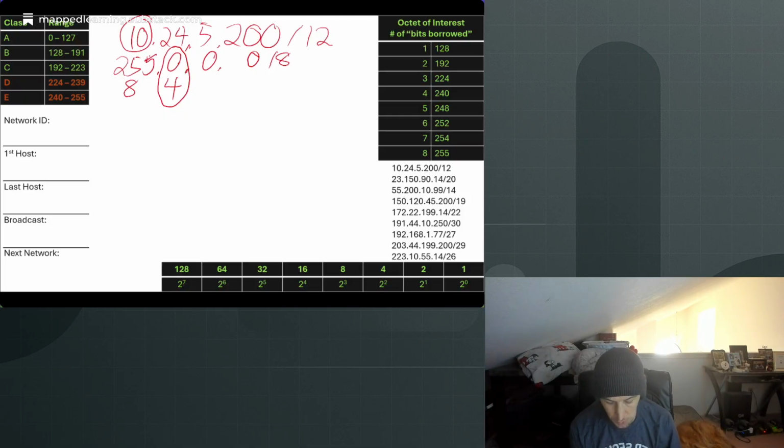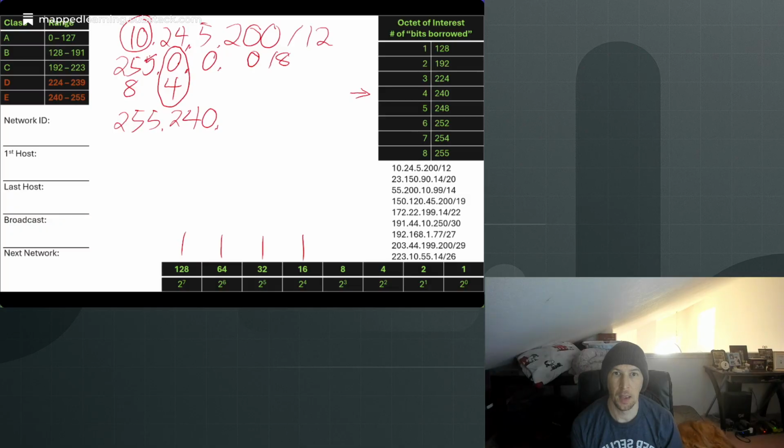Okay? So now we need the new subnet mask. Well, we know that it's 255 dot something. If I borrow 4 bits, 1, 2, 3, 4, we did this exercise before, right here is 240.